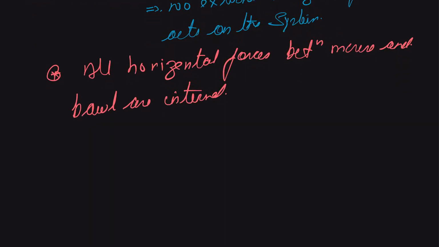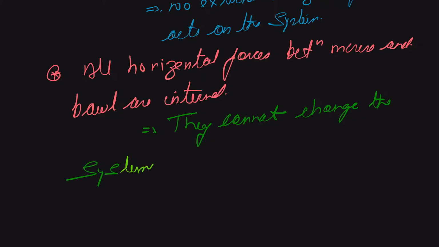So it means that they cannot change the system's overall horizontal motion.